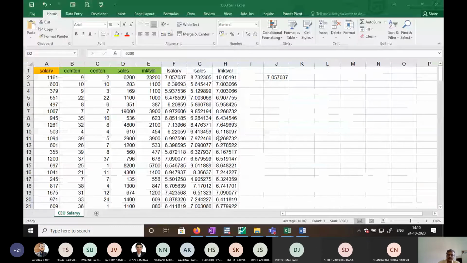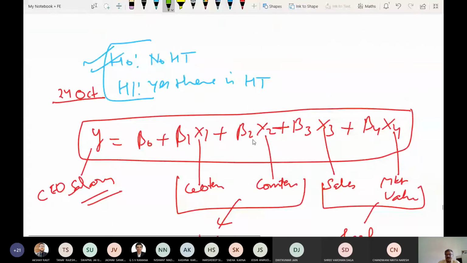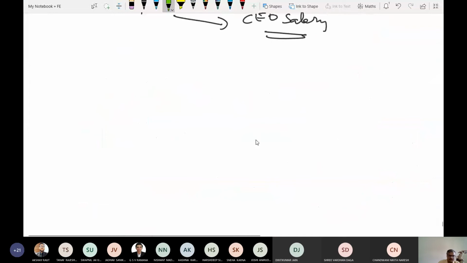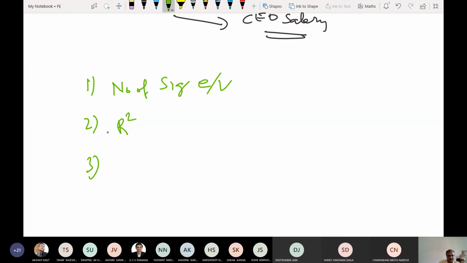You can note it down if you have not done so. These three things are to be compared all the time whenever we are comparing models: one, two and three, the number of significant explanatory variables or independent variables, then usually adjusted R square.